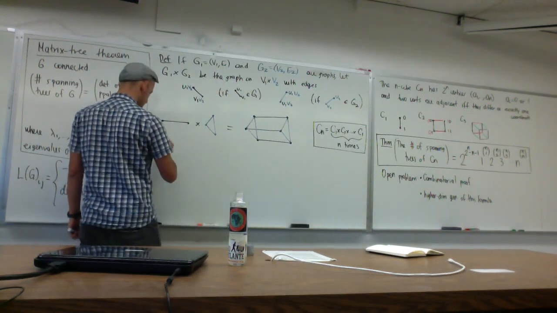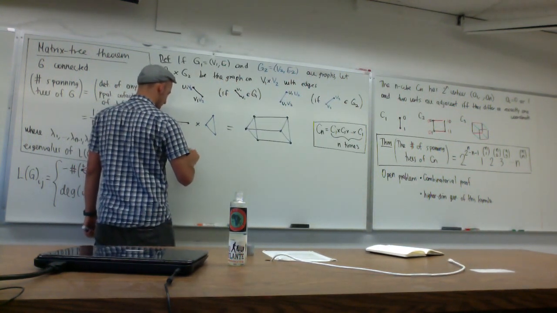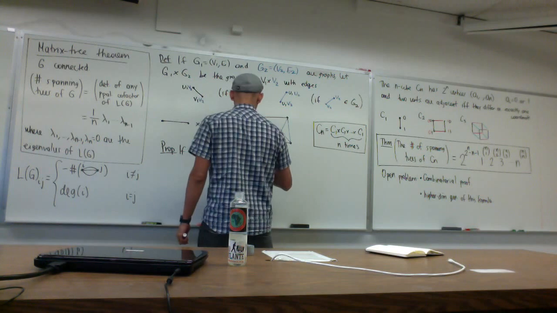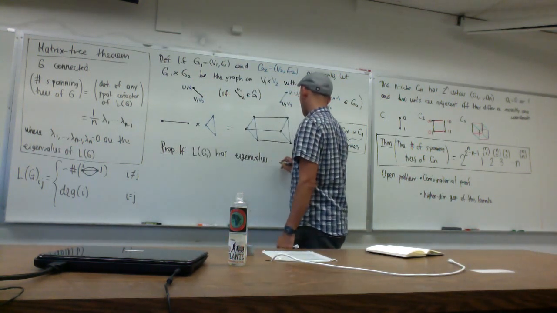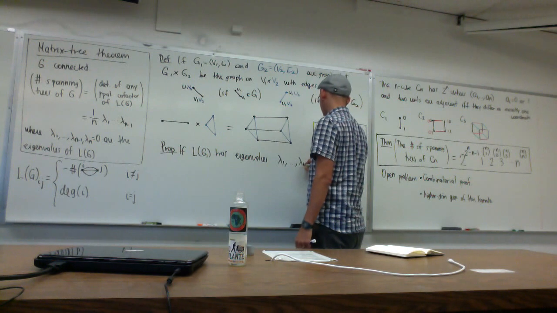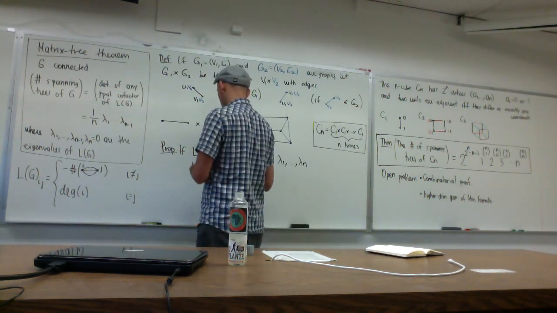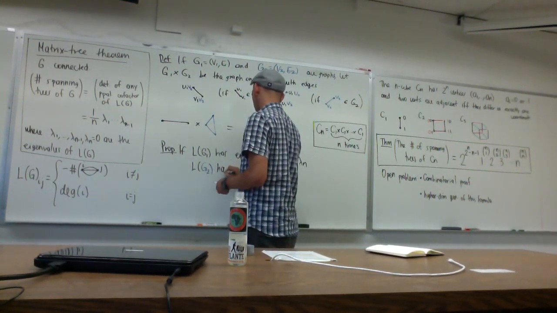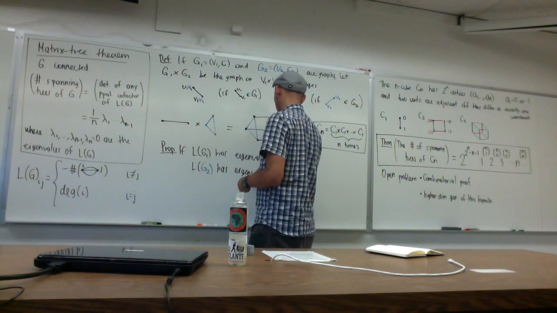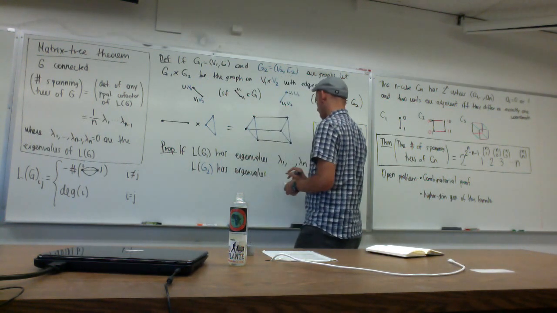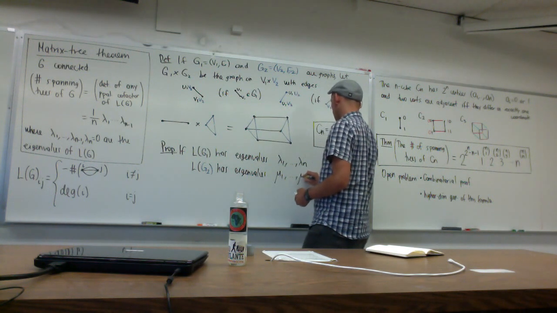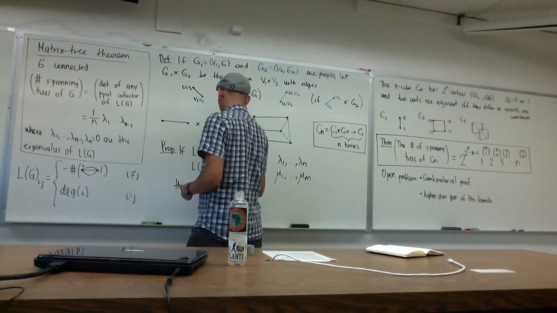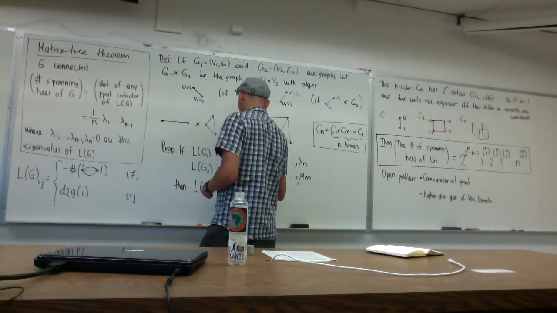So here's a proposition: if the Laplacian of G1 has eigenvalues lambda 1 up to lambda n, and the Laplacian of G2, maybe I'm going to try to keep this color coded and see if I don't get sick of it, has eigenvalues mu1 up to mu m, then I'm already sick of the colors.